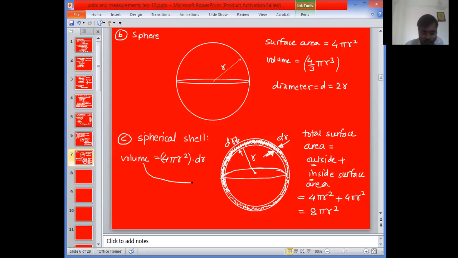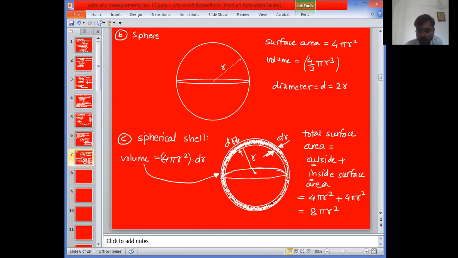Which volume are we talking about? This shaded volume. We are not calculating the inside volume, which is 4 by 3 pi r cube, the total volume. No, we want the volume of this thin shell.